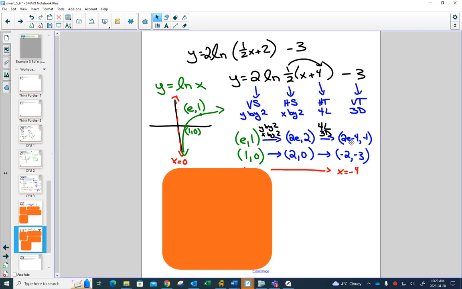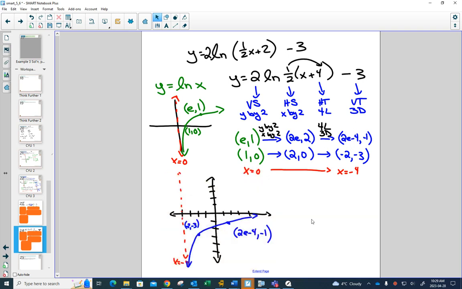You're going to just do a rough estimate. E is about 2.7. So 2 times 2.7 is about 5.4 minus 4. This will be at about 1.4. You estimate where that would be. Draw your asymptote and your final graph.